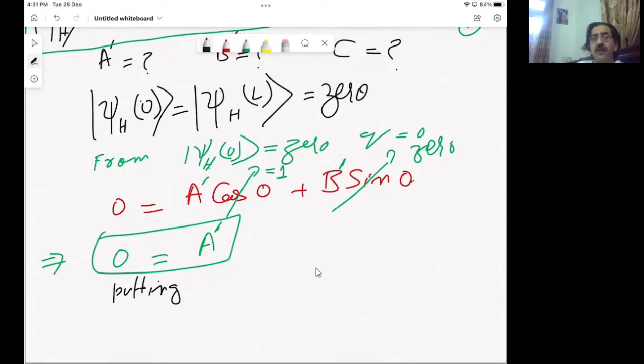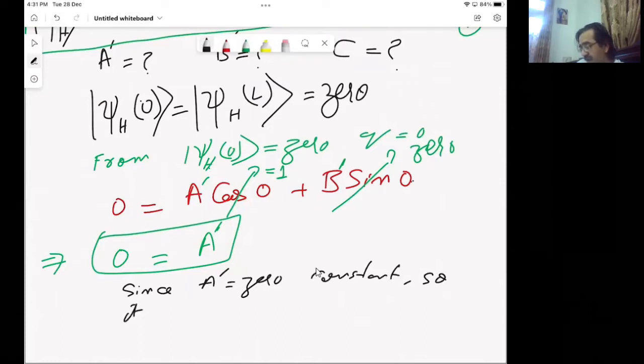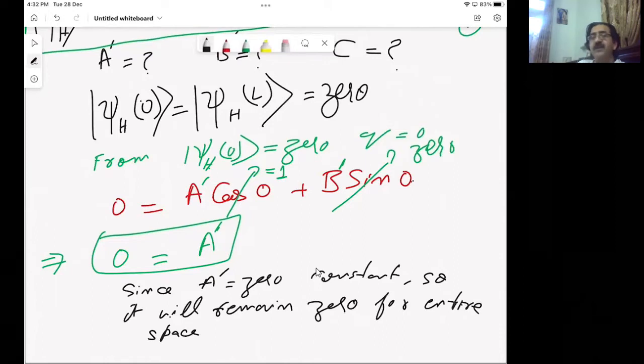A is an arbitrary constant. Since A prime is 0 and constant, it will remain 0 for the entire space. A is constant, so its value is not changing.